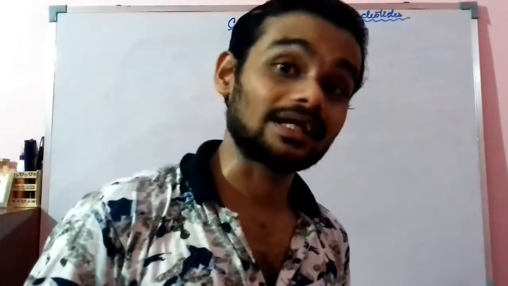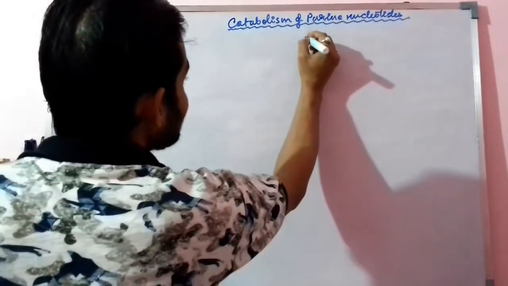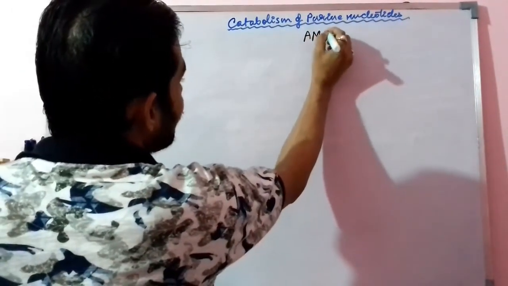So now I'm going to discuss the catabolism of the purine nucleotides. First, what we have in the catabolism of the purine nucleotides is AMP, adenosine or adenylate monophosphate.